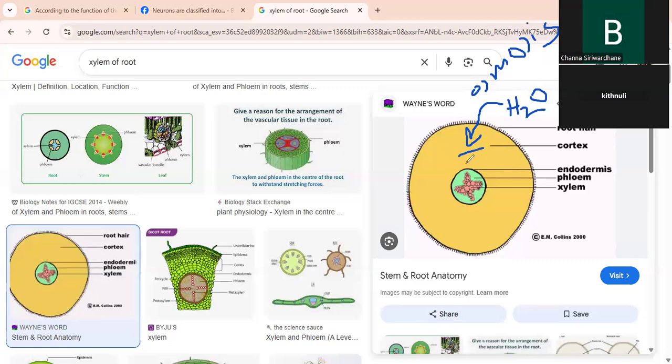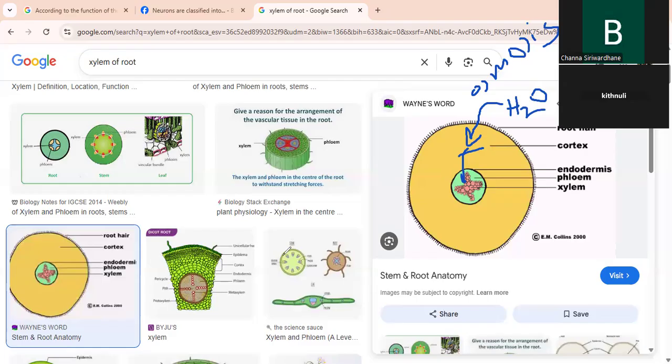Cortex. Then it will go through the endodermis, internal tissue, right? Then to the xylem. Xylem is in the center of the stem.